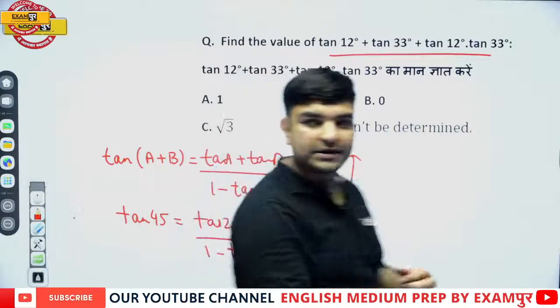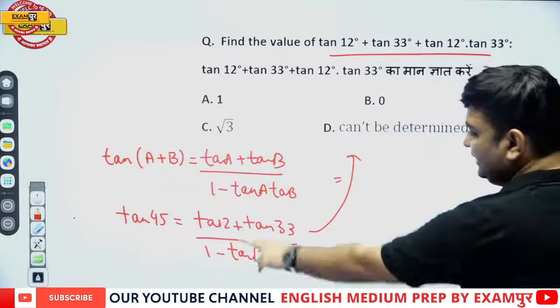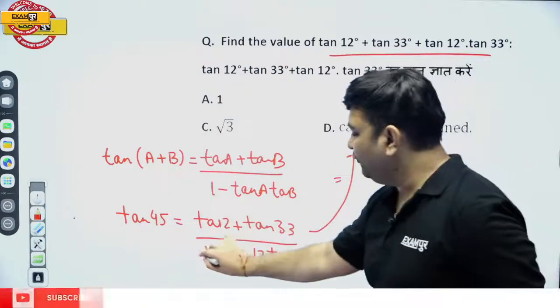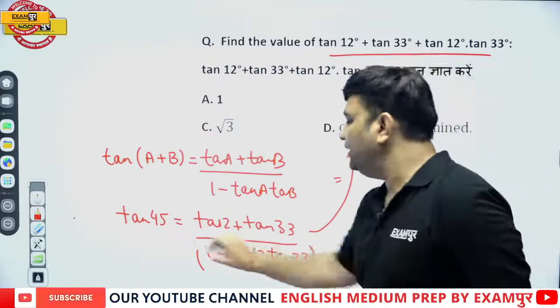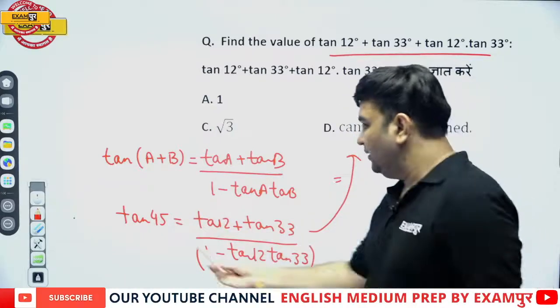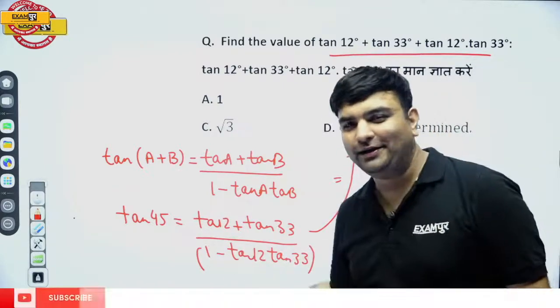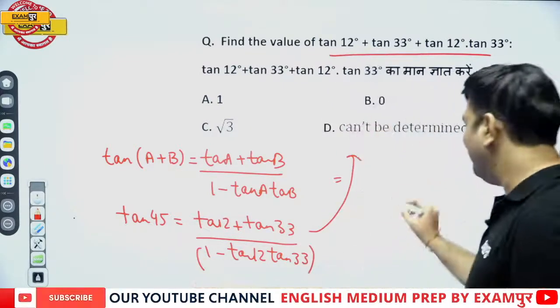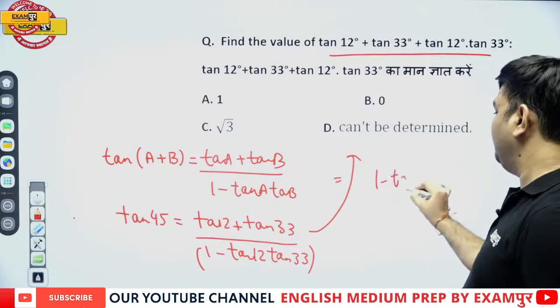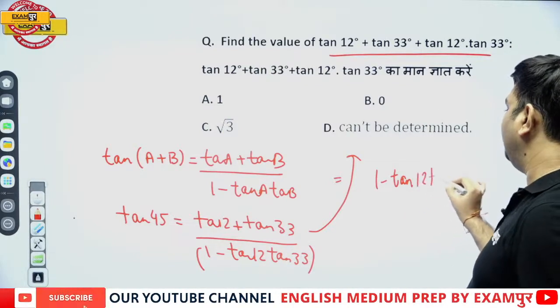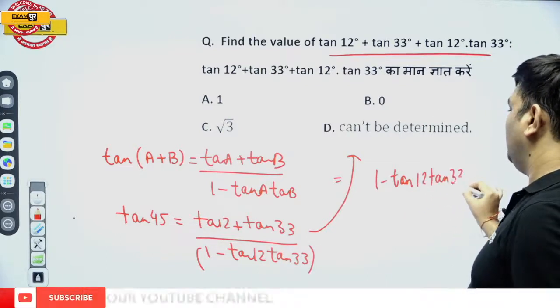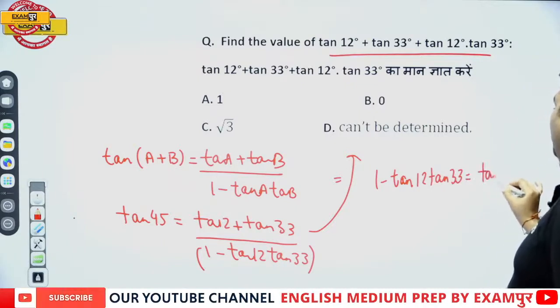Tan 45 is 1, and 1 into something is that only. So 1 minus tan 12 tan 33 is equal to tan 12 plus tan 33.